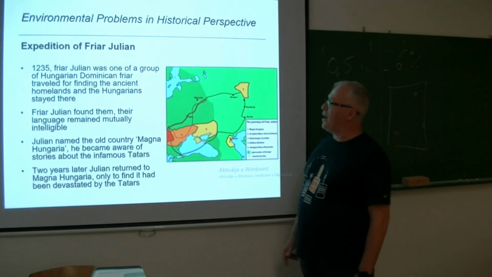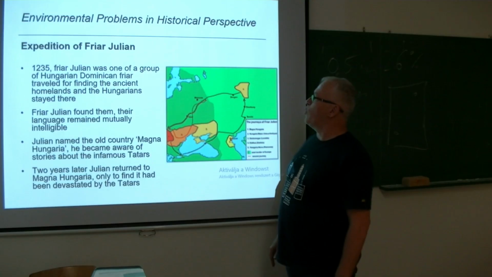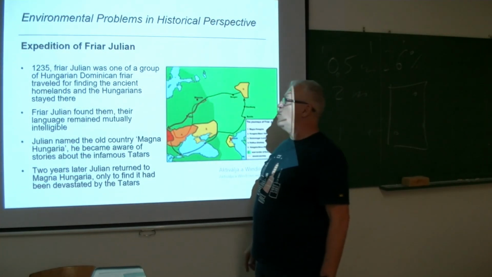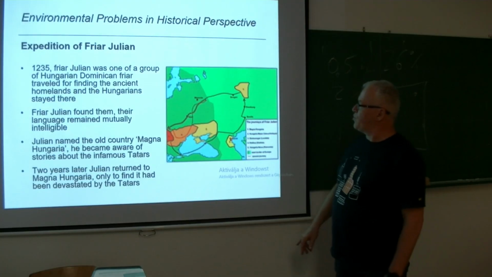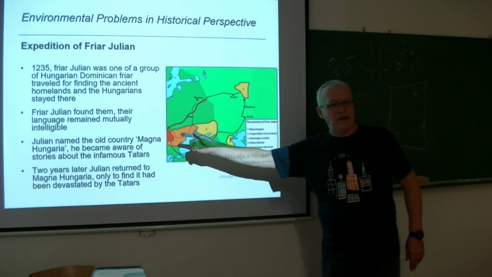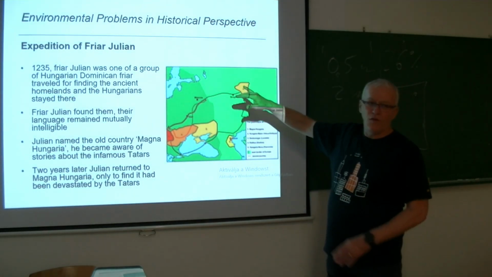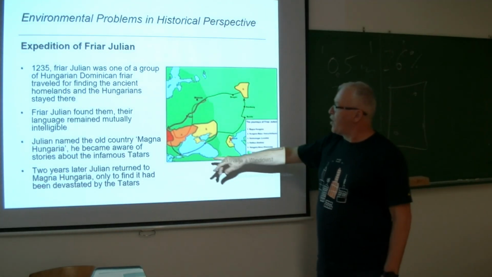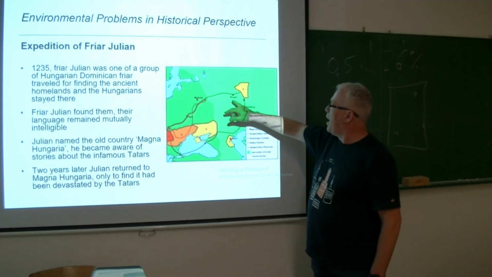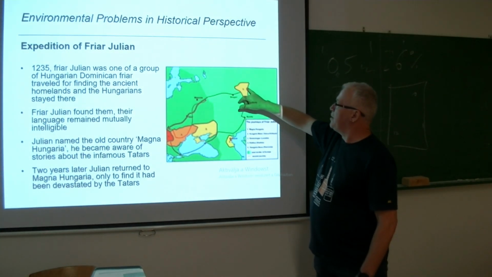And one Hungarian Dominican friar, Julian, decided in the middle of the 13th century to travel and find the other Hungarians living in the east, in the Volga River area. He traveled through the Black Sea and found Hungarians approximately here.